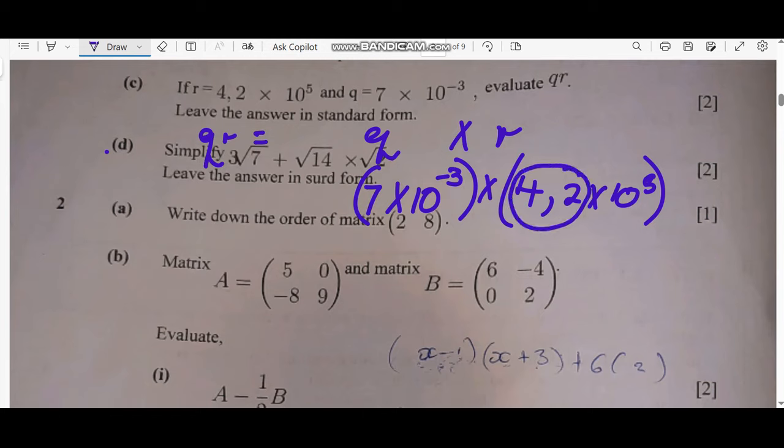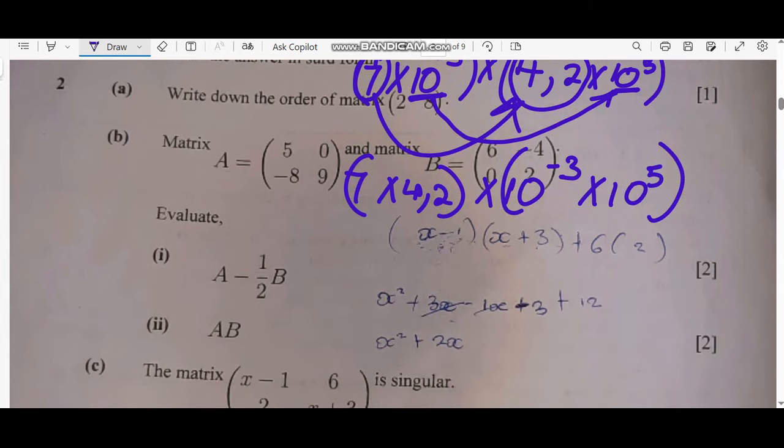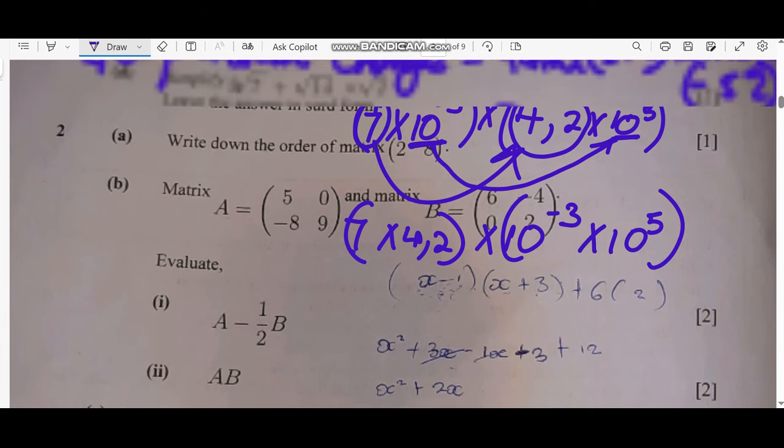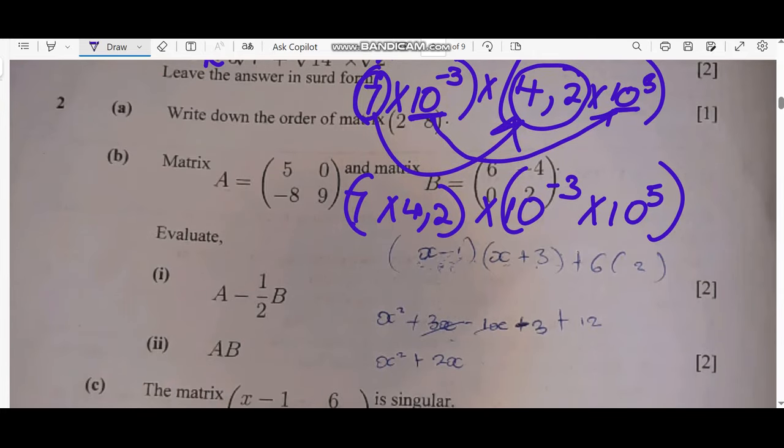These numbers are multiplied. So we say 7 times 4,2, times 10 to the power minus 3 times 10 to the power 5. Like this. Then if we multiply this one times this one, what is this now?